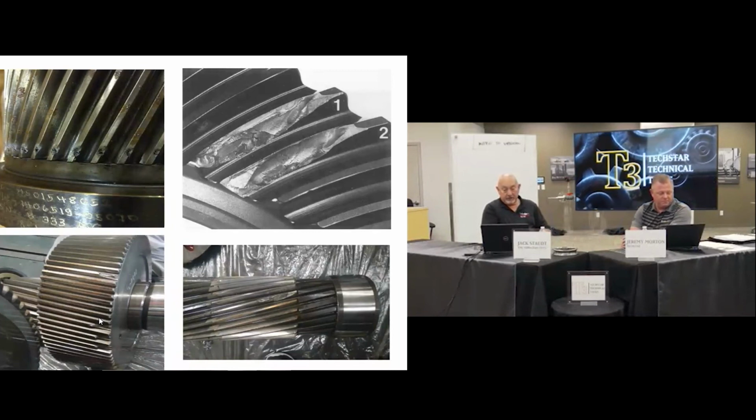Lubrication failed on it and chipped the teeth away. I think the one on the bottom right is similar to the one on the top. And the one on the far bottom left is misalignment, gear misalignment. Oh, wow. You can see the additional teeth damage below.